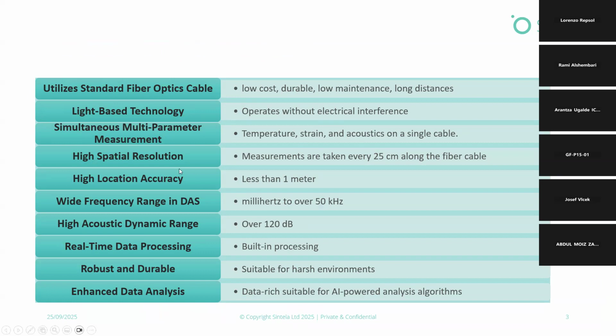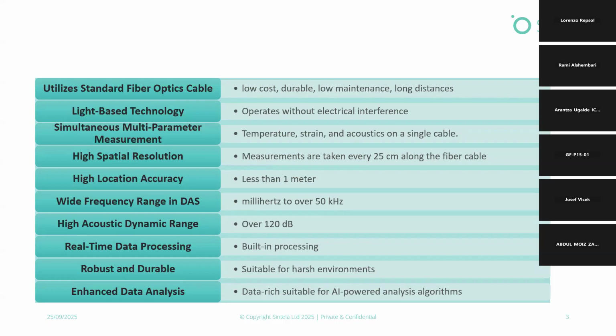With high spatial resolution, we can do measurements as small as every 25 centimeters, typically every meter or so, for data management. High location accuracy: within a meter or so, we can locate a temperature event, strain event, or seismic event, depending again on the cable layout for seismicity.